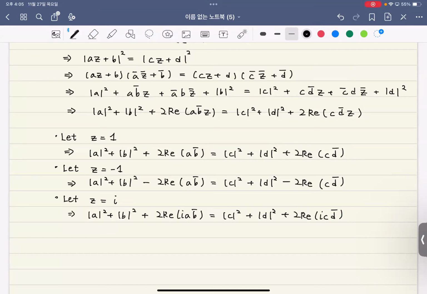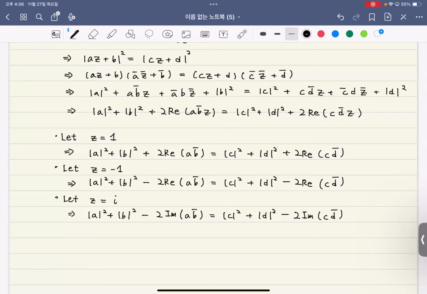In this case, the real part of i times this number, well, this always confuses me, but this is just minus the imaginary part of this. So minus 2 times the imaginary part of A B bar equals minus 2 times the imaginary part of C D bar. Okay, all right, good.